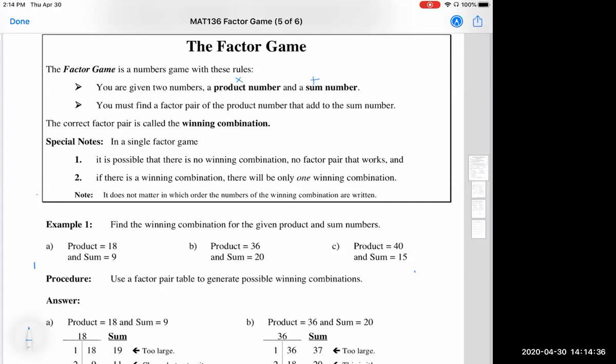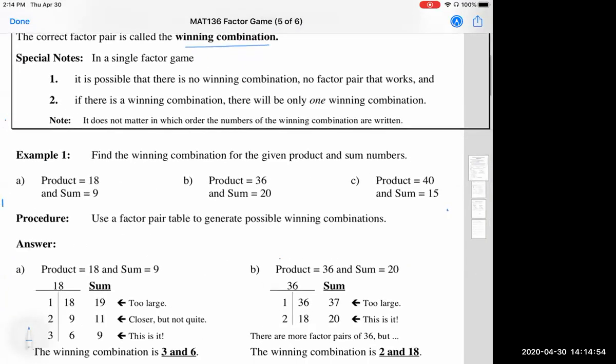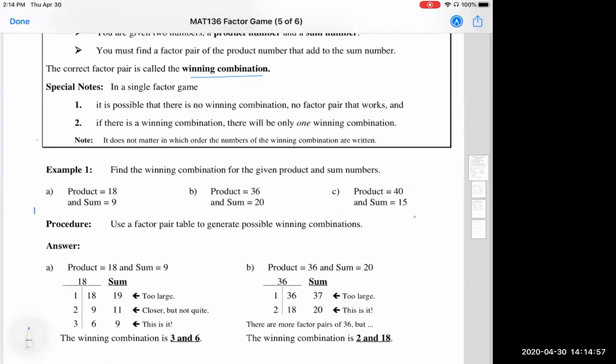The correct factor pair is called the winning combination. Special notes: in a single factor game, it is possible there is no winning combination, no factor pair that works. If there is a winning combination, there will only be one. And it does not matter the order the numbers of the winning combination are written.